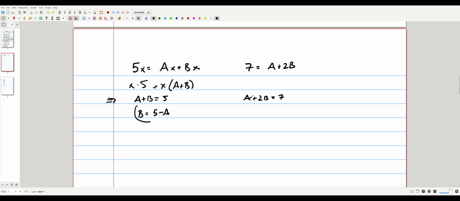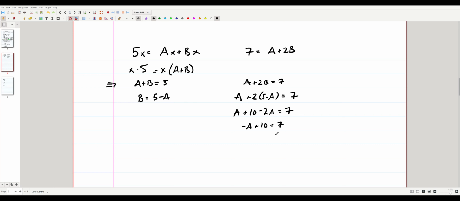And what we can do with this is replace the b in this equation with 5 minus a, because b is equal to 5 minus a. So we get a plus 2 times 5 minus a is equal to 7. We get a plus 10 minus 2a is equal to 7. Combine like terms, we have negative a plus 10 is equal to 7.